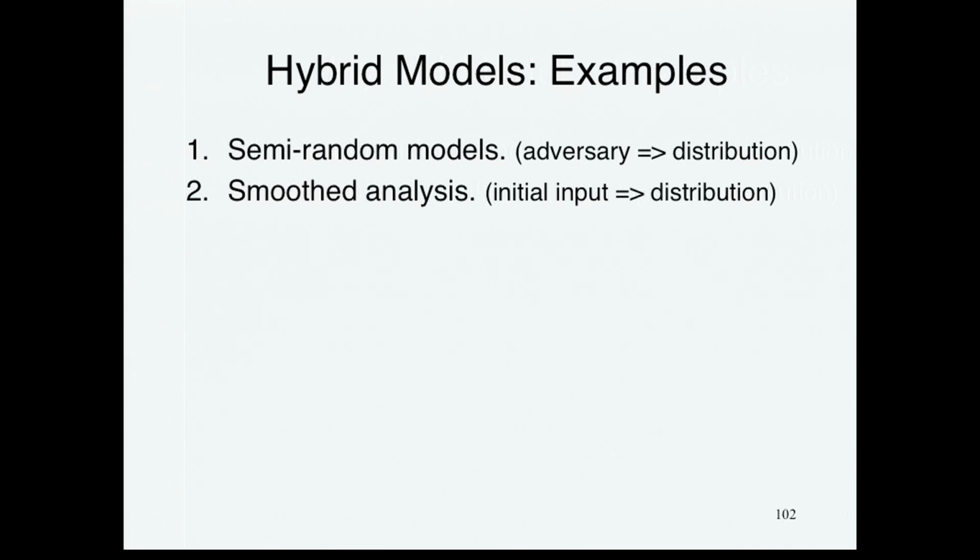So there we were exactly asking for an algorithm which does well, i.e. is correct, simultaneously with respect to any instance in this class. Similarly, in smoothed analysis, now you have one distribution for each point that the adversary might choose, so for each input. And for that input, you then look at the perturbation around that input. You want an algorithm that does well simultaneously for every one of these perturbed point masses.